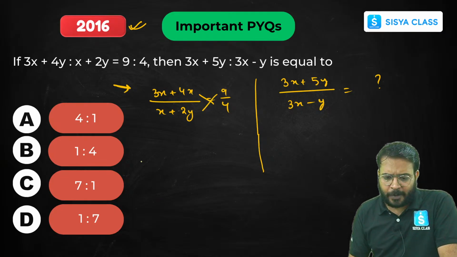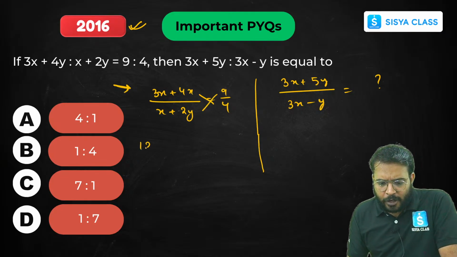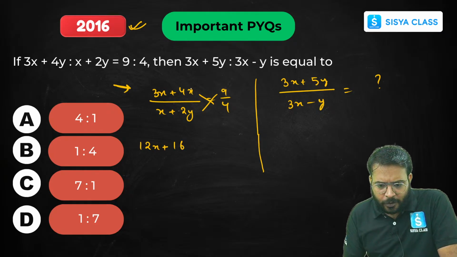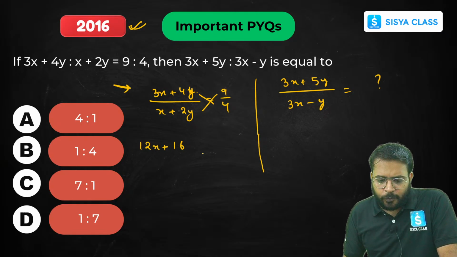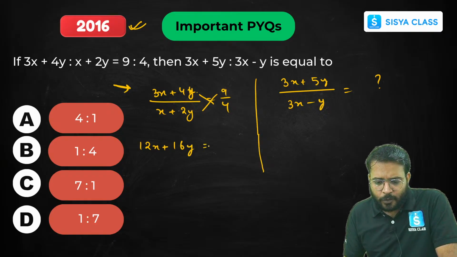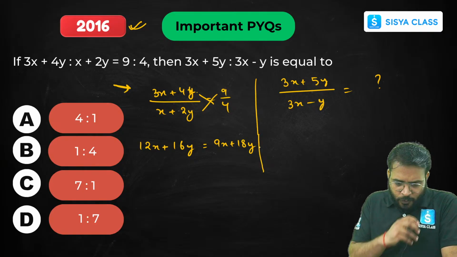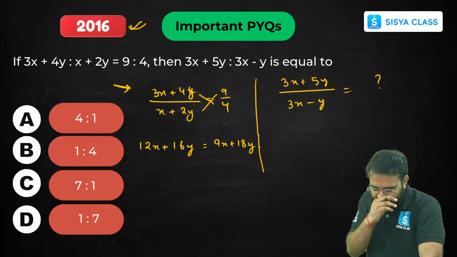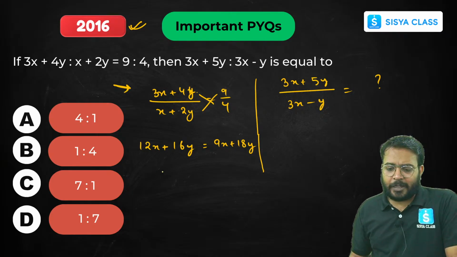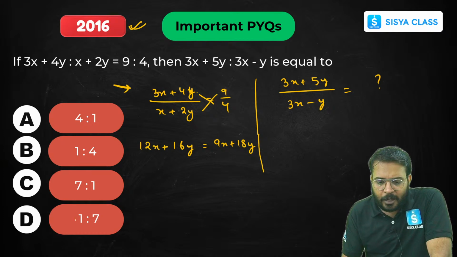All right, cross multiply. So you will get 4 into 3, 12x, plus 4 into 4, 16y, is equal to 9x plus 18y. Fine, cross multiply and you will get this: 12x plus 16y is equal to 9x plus 18y. Can we solve this?